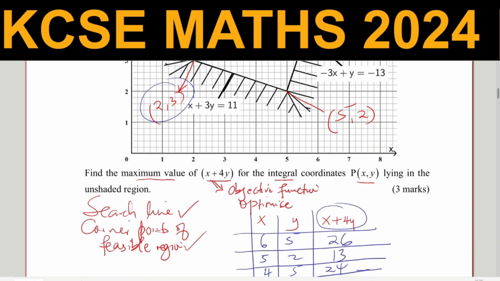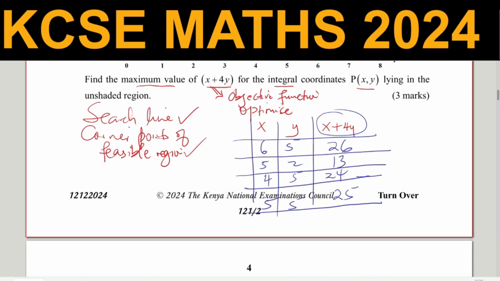Now check which one gives us the maximum value. It is the first one here, (6, 5). This is the one that gives us the maximum value, and therefore the maximum value of x plus 4y for the integral coordinates P(x, y) lying in the shaded region will be 26.